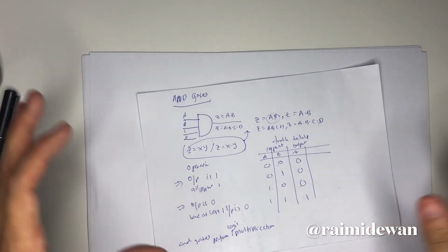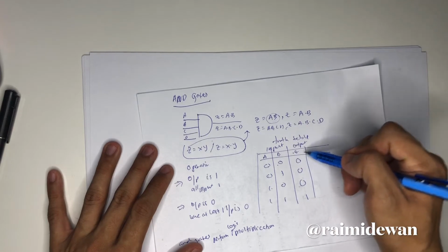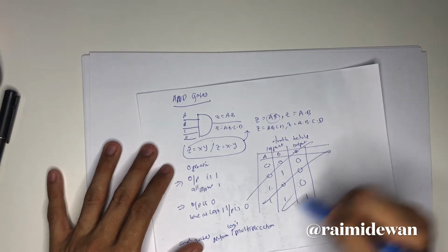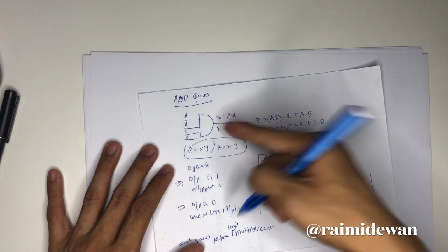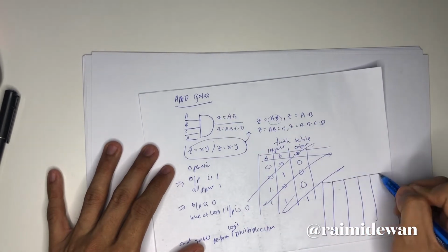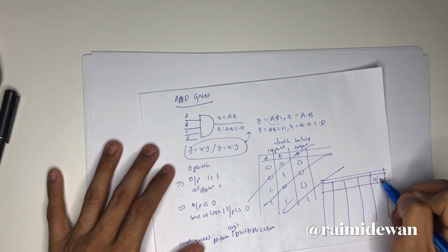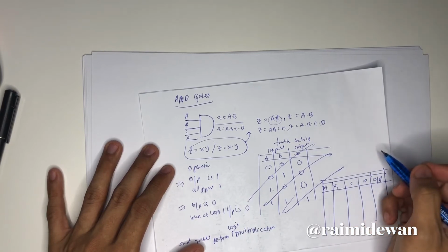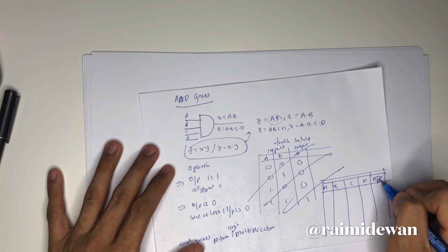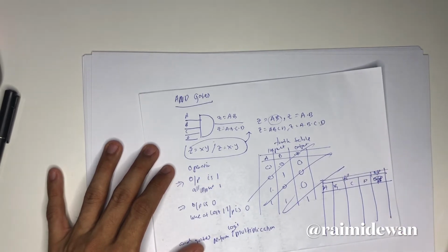Let's say you have more inputs, you can actually increase the table. Z is your output, and these are your inputs.